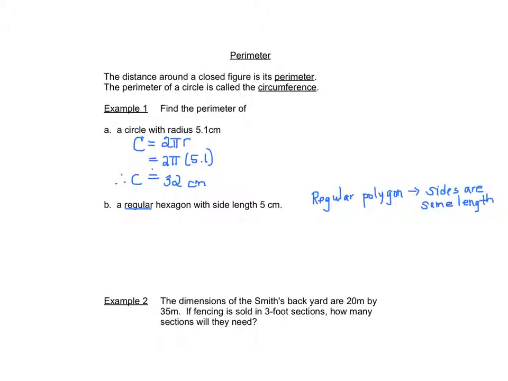Furthermore, a hexagon has 6 sides. So once we remember those two things, it's fairly straightforward to find the perimeter of this regular hexagon, because it would have 6 sides, which are all 5 centimeters long, which tells us the perimeter of this hexagon would be 30 centimeters.